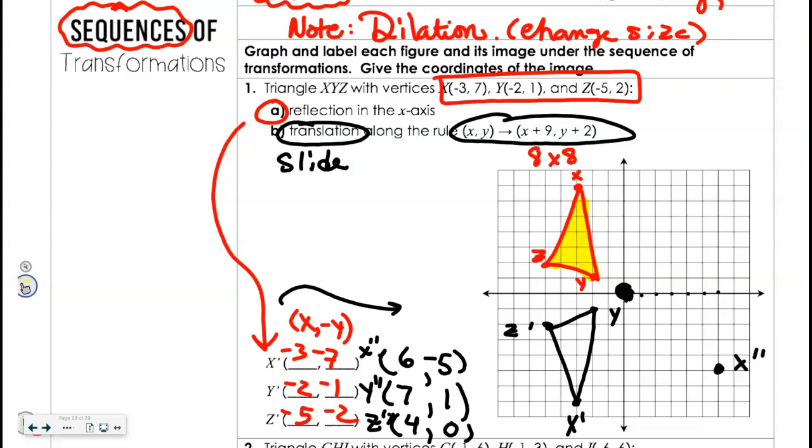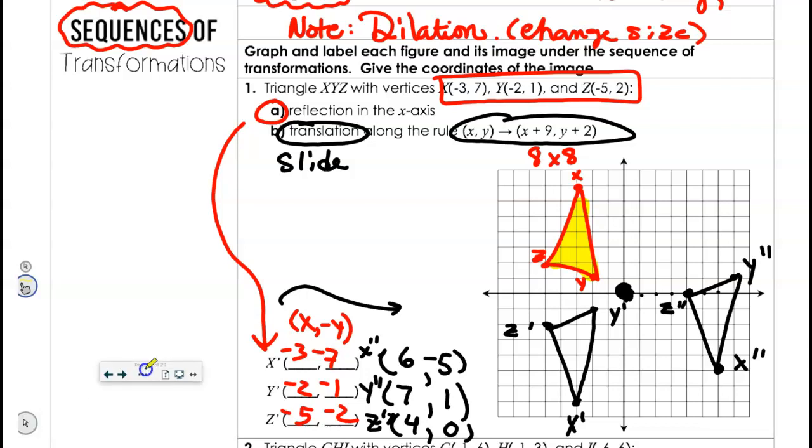And then 7 to the right and 1 up, I am going to label y double prime. And then 4, 0: 1, 2, 3, 4, 0. I'm going to label it z double prime. I'm going to connect it. The size and shape should not change. It should look like it flipped and then it slid, and it does.